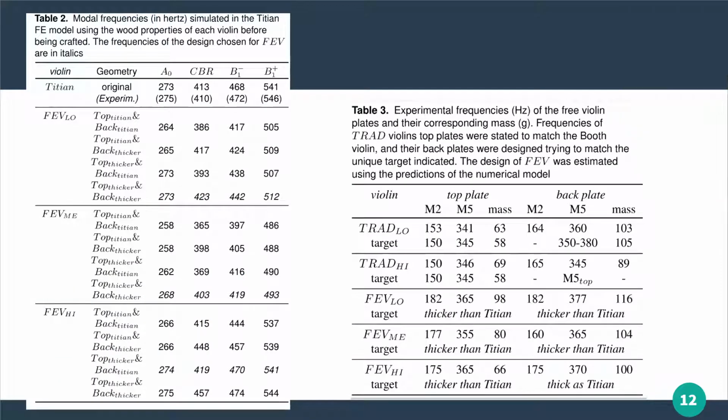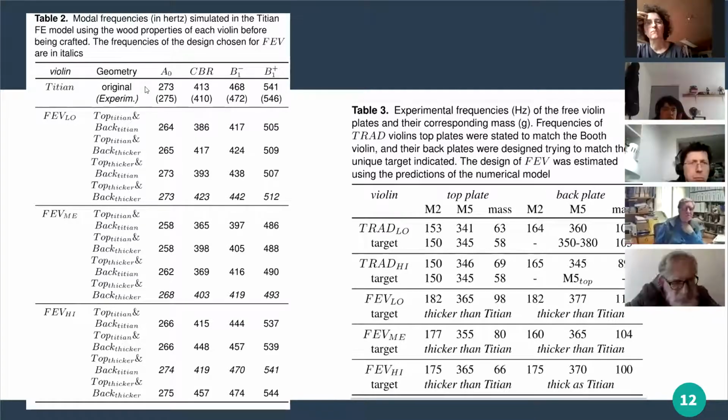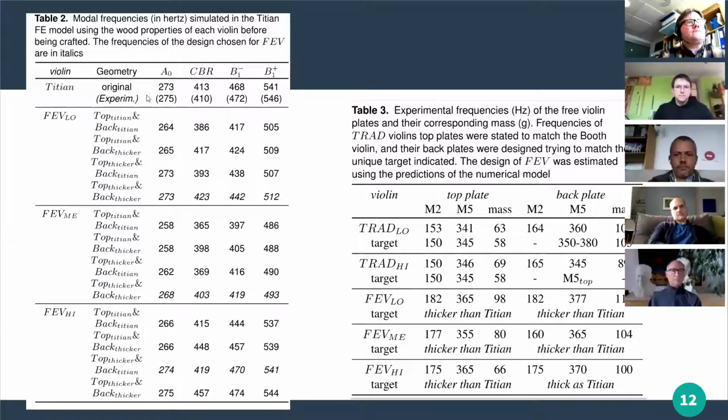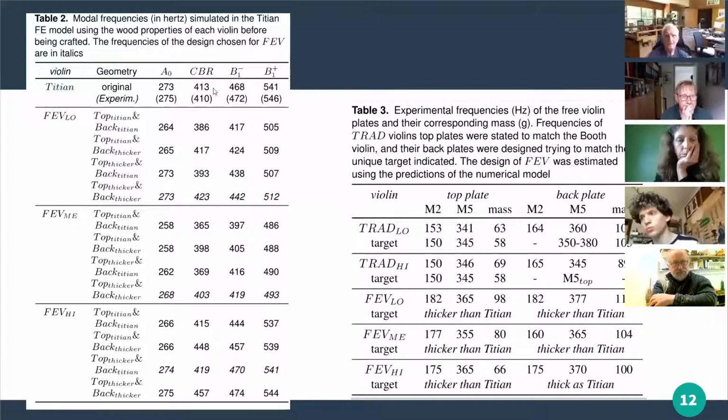So table 2 shows the calculations for several steps. In the first row, we have the values calculated and the experimental values of the Titian, the target values.